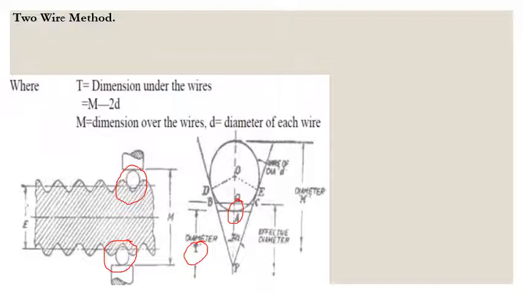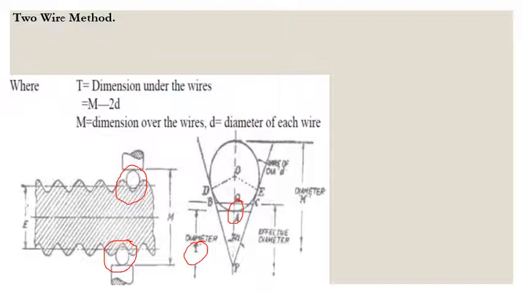So based on this, we first have to determine M, substitute it in the formula of T, and then calculate P from the derivation.